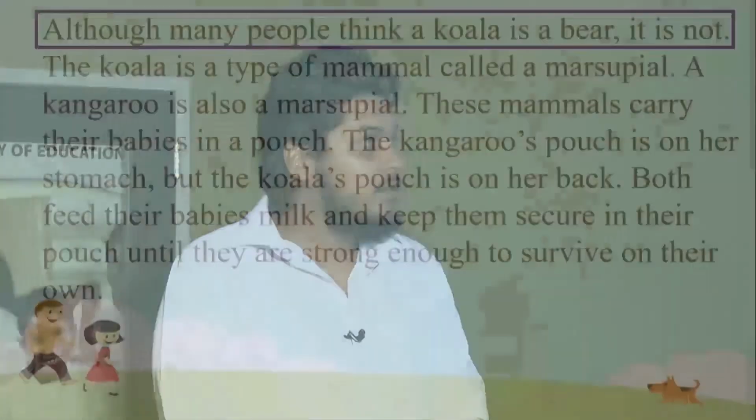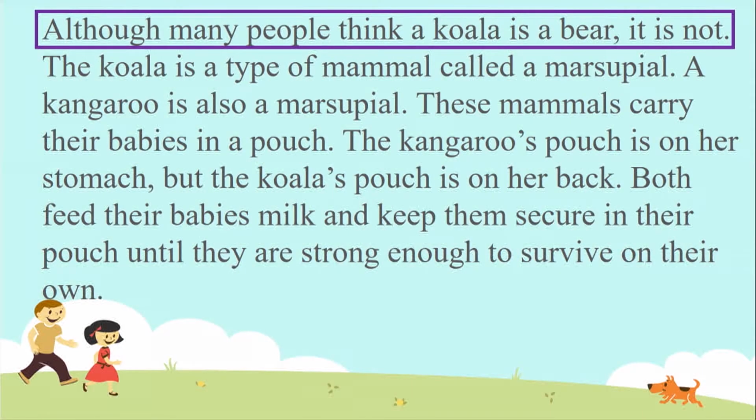The koala is a type of mammal called a marsupial. Yes, that says it's not a bear. A kangaroo is also a marsupial. Okay, but that doesn't talk about the koala not being a bear. It goes on to say these mammals carry their babies in a pouch. So my thinking now is that it's not talking about what the koala is not, it's talking about what the koala is. So therefore, the first sentence is not correct.